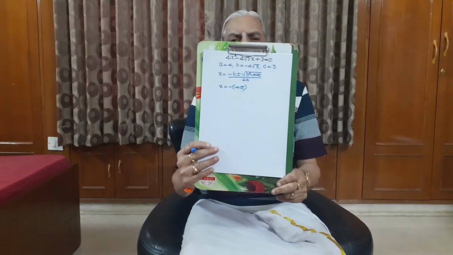X is equal to minus B, minus of minus 4 root 3. The value of B itself is negative. Minus of minus 4 root 3, plus or minus the square root of B squared. That is minus 4 root 3 the whole square. Very important. Minus 4AC, 4 into 3.